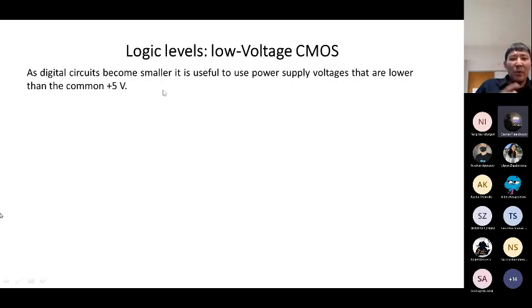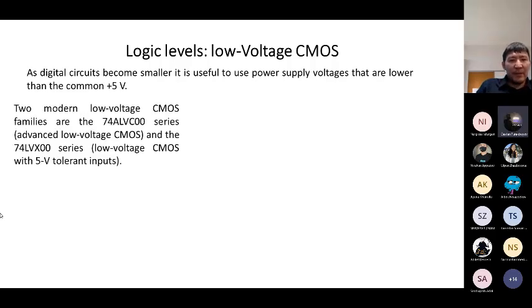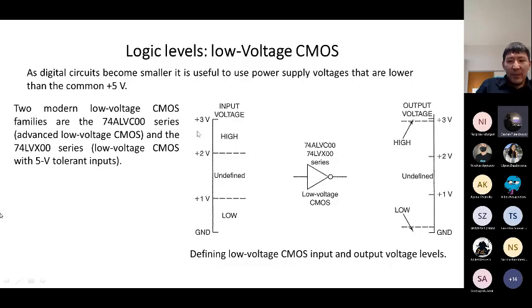So there is some low voltage CMOS that can work at a voltage less than 5 volts. And here you can see this kind of series, 74LV and so on. LV means low voltage. Here you can see the voltage levels profile.